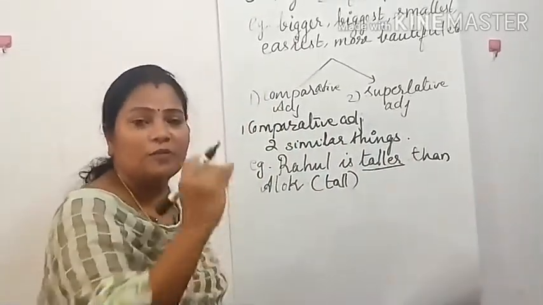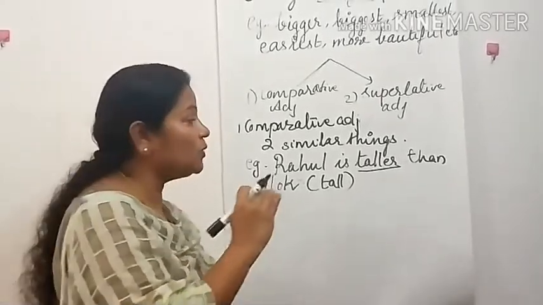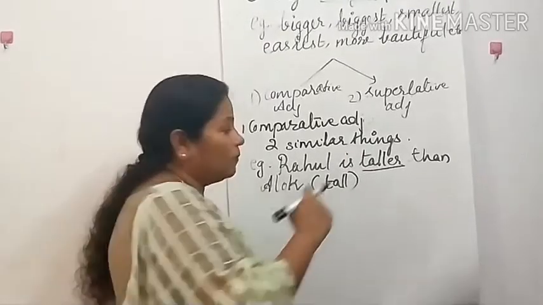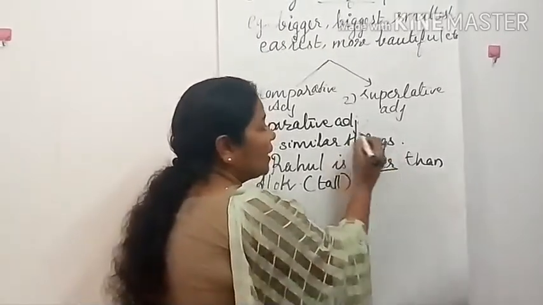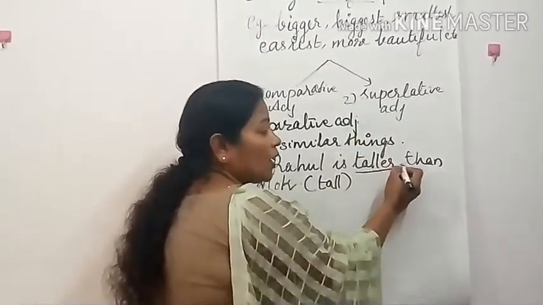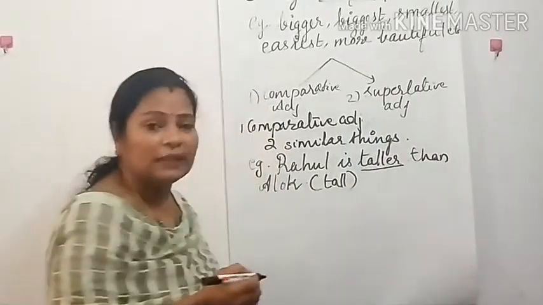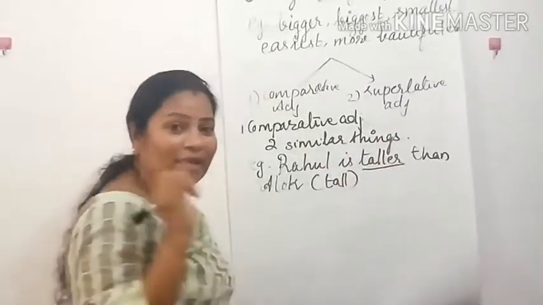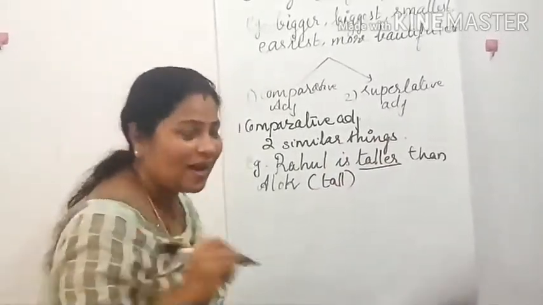We use than to compare both these children. So after the comparative adjective we have the word than.